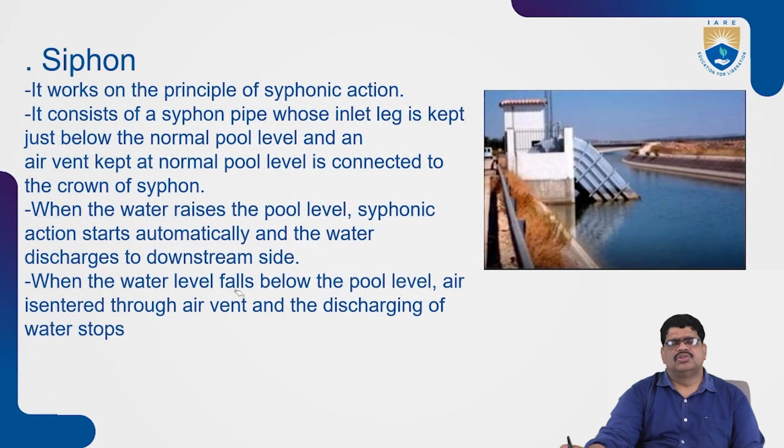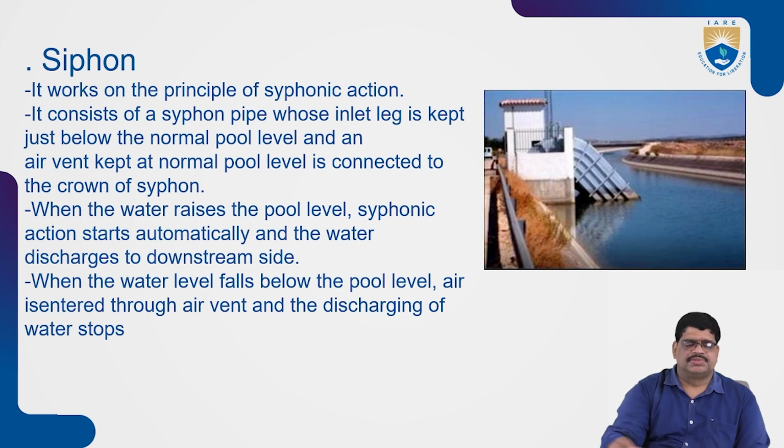Next, siphon. As I told, the siphonic action spillway. The siphonic action spillway consists of a siphon pipe whose inlet leg is kept below the normal pool level. When the water rises above the pool level, siphonic action starts automatically and the water discharges to the downstream side.